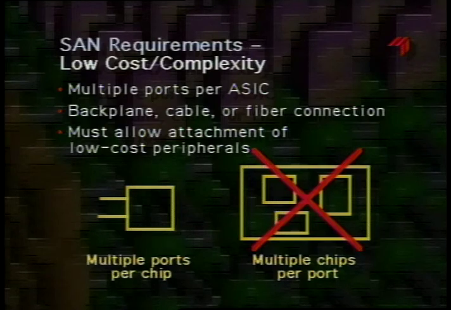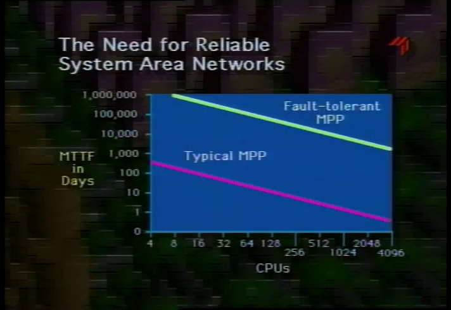The final important requirement for system area networks is reliability. As systems scale, the mean time to failure of those systems decreases linearly with the number of components in the system. So in this diagram, we see a typical massively parallel system and its mean time to failure in days versus the number of CPUs in that system.